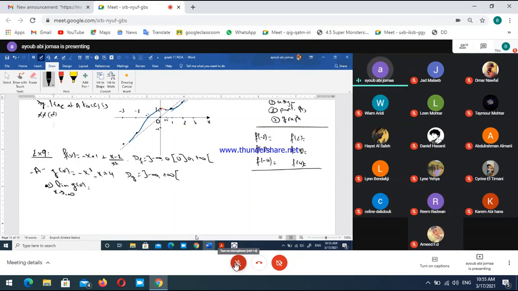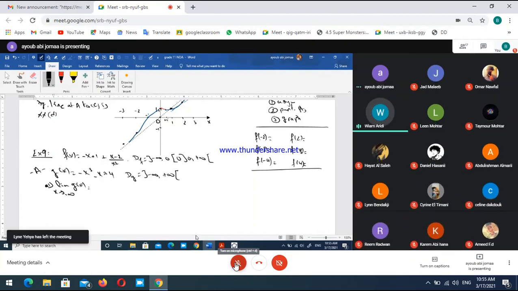What is the limit of g of x as x approaches negative infinity? It is negative x to the power 3. What is the limit of negative x power 3? Minus infinity, it becomes positive infinity.